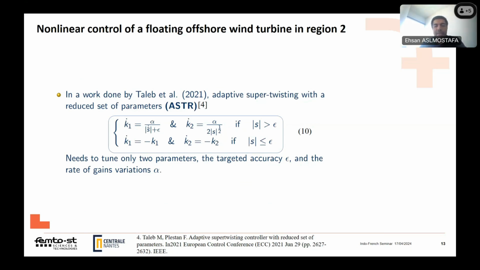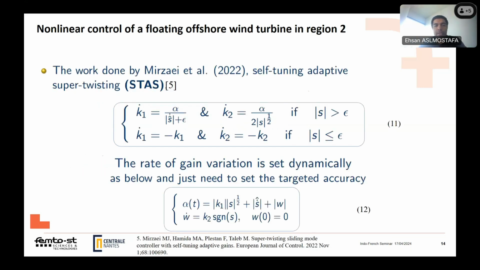This rule acts on the sliding variable. If it is outside the targeted accuracy, it starts to increase the gain. But as it enters the targeted accuracy and reaches our target, it starts to decrease the gain based on the second part.